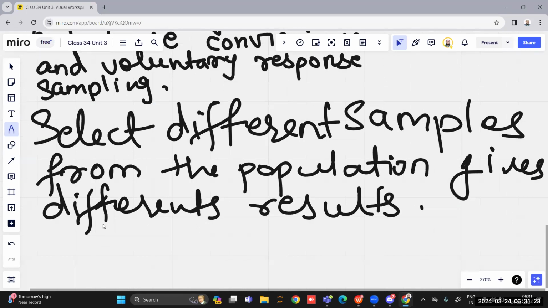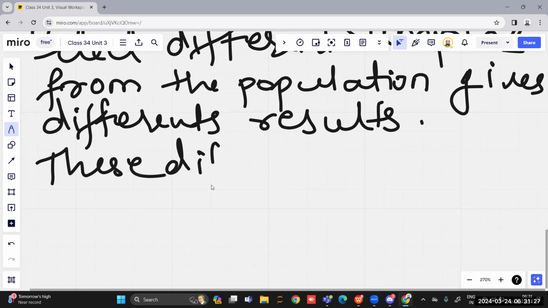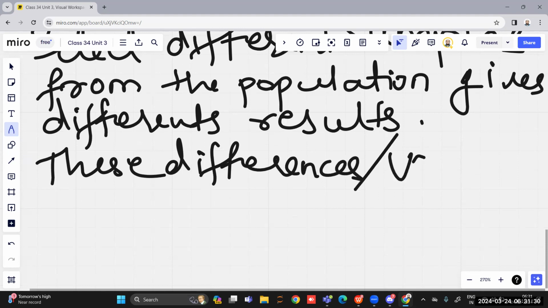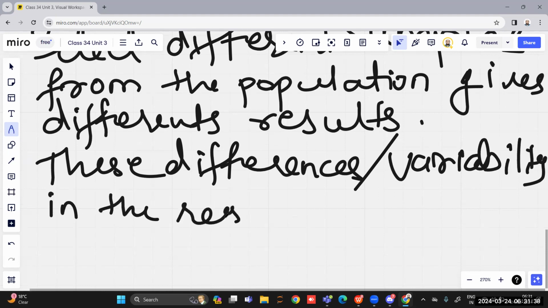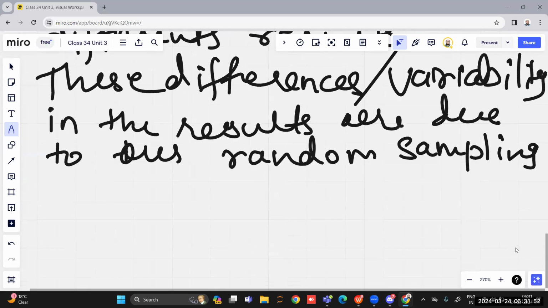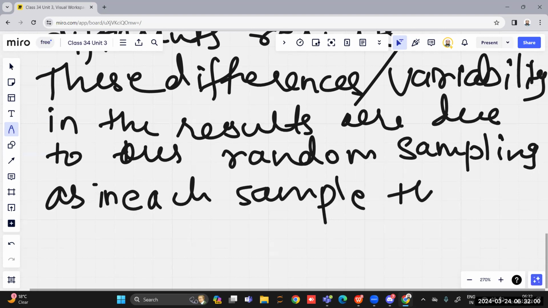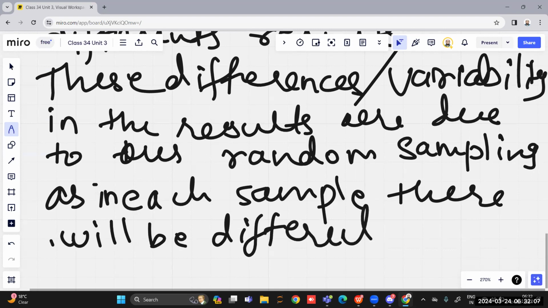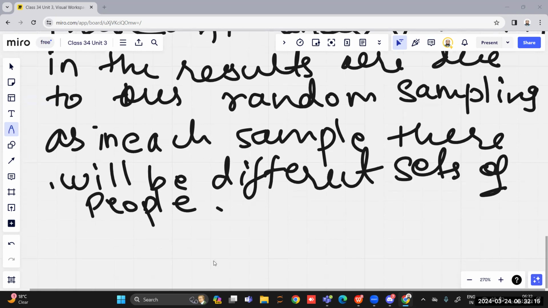These differences in the results, or you can say variability in the results, are due to random sampling, as in each sample there will be different sets of people. So there's variability between different samples of the same population.